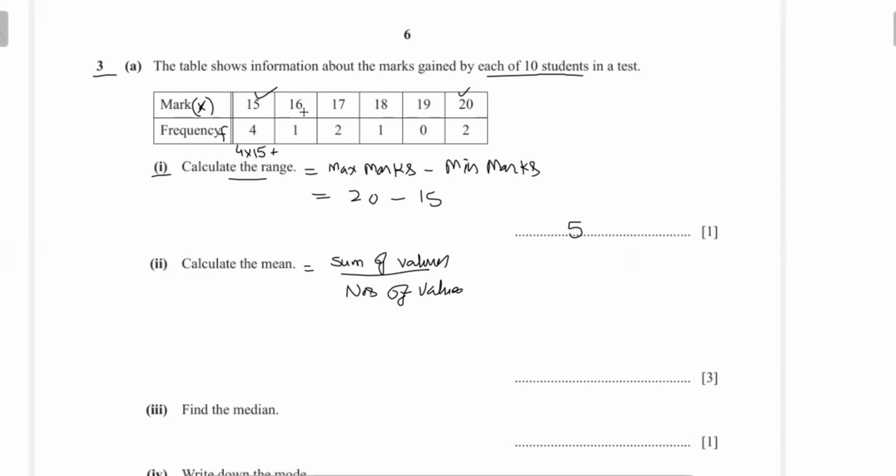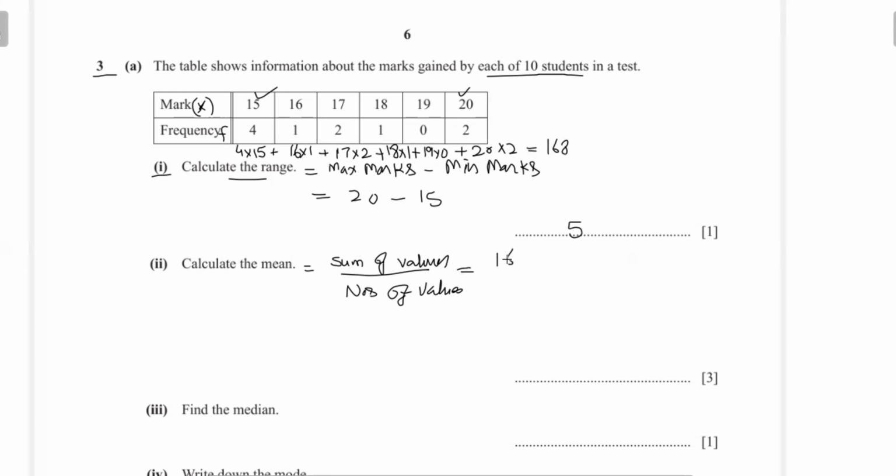And next is 16 mark occurring 1 time. Therefore, we write 16 into 1. And 17 is occurring 2 times, 17 into 2, plus 18 occurring 1 time, we write 18 into 1. And next is 19 into 0 plus 20 into 2. That will be equal to the sum of values, and this is 168.